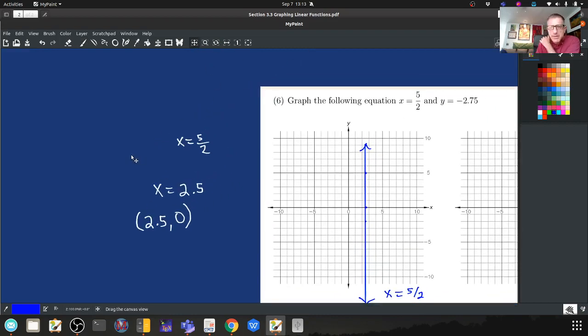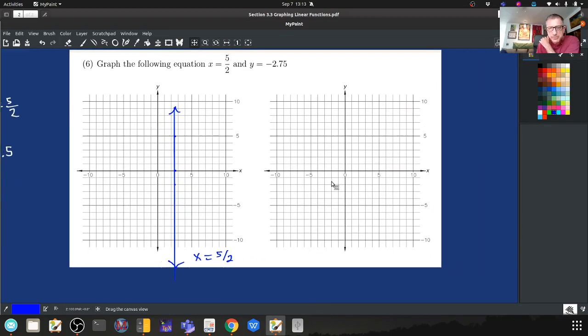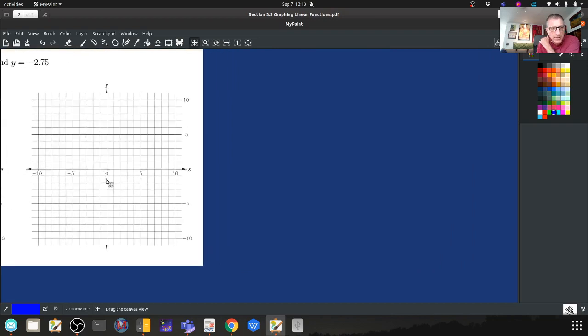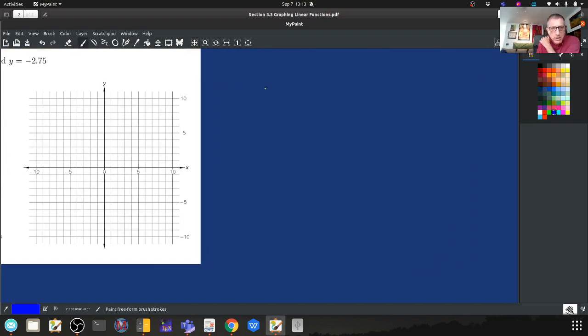But that wasn't everything we were asked to do. We were asked to now do y is equal to minus 2.75. Well, I know this is a horizontal line by what I just told you.